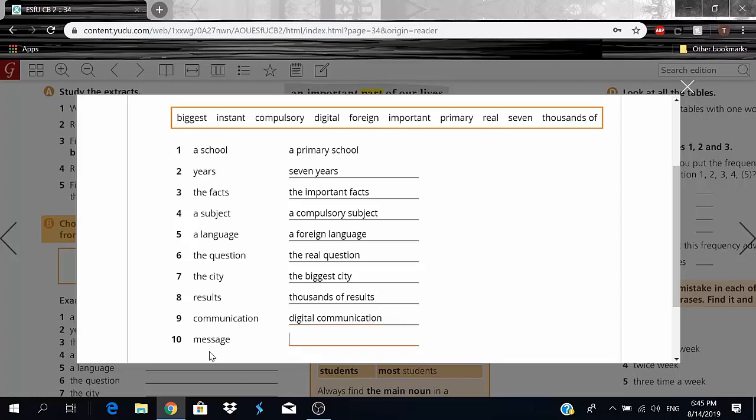And finally, we have message. And obviously, talking about our topic here, we can say instant message. Okay? Pretty simple stuff, you guys.